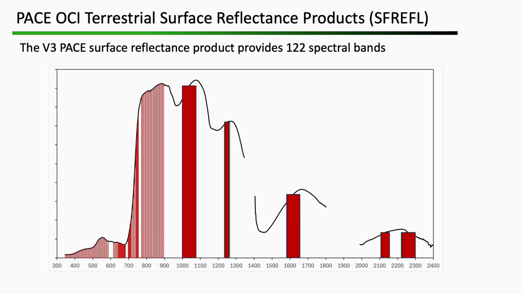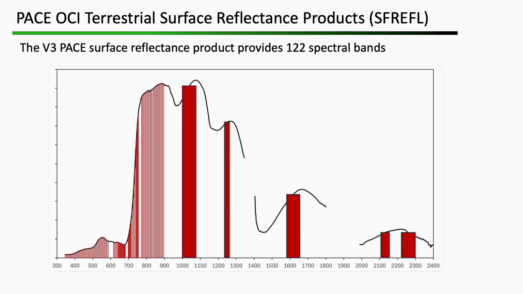This figure shows the terrestrial surface product and where the spectral bands are. This version 3 surface reflectance product provides 122 spectral bands, and here the red lines and bars show the locations of the spectral bands projected onto reflectance spectra for some typical green vegetation, to show where the bands lie on a reflectance spectrum.